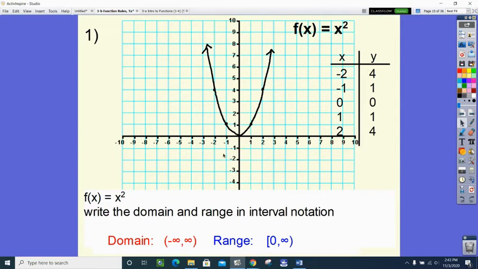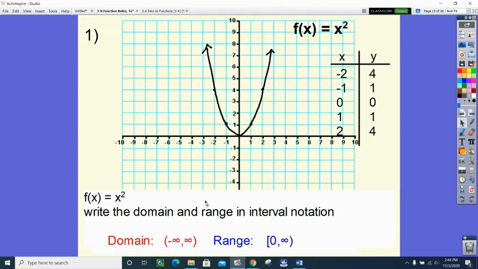No, the graph doesn't touch any of these. What is the first output? And you've got to turn your head and look at this sideways. Look at it coming from here, and the first output, do you see, is 0. That's the smallest output. What's the biggest output? Well, these arrows tell me it's going to go forever. So the range, the numbers that can come out of this function, are 0 inclusively, that's why the bracket's there, and everybody up to positive infinity.